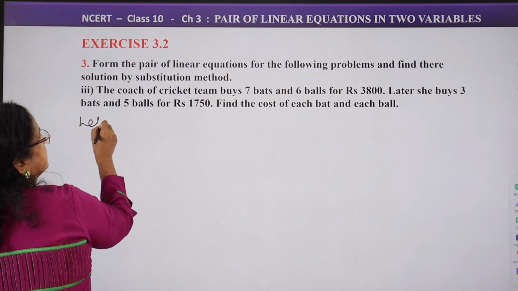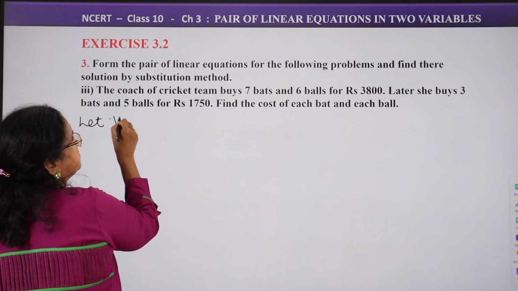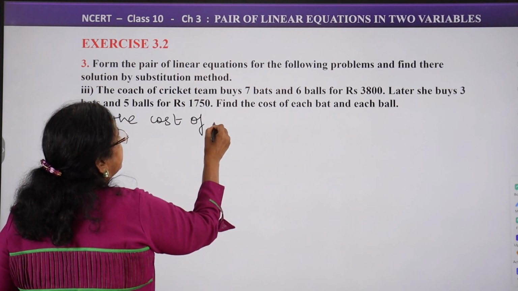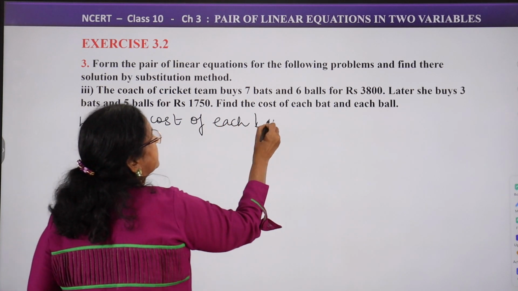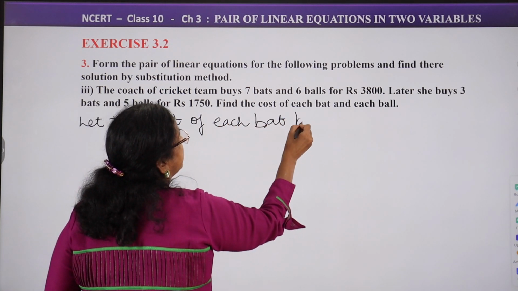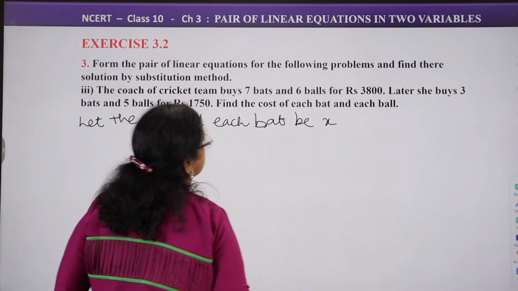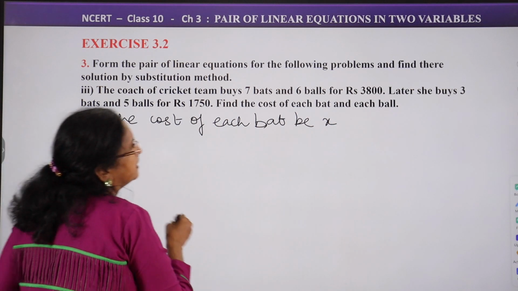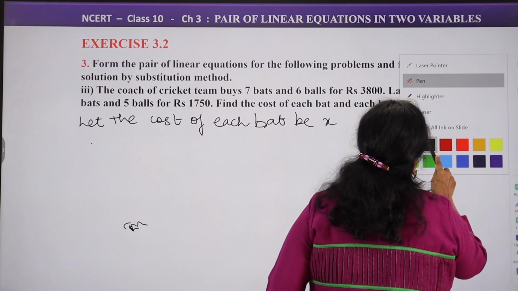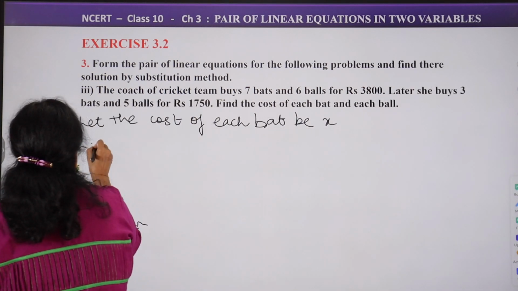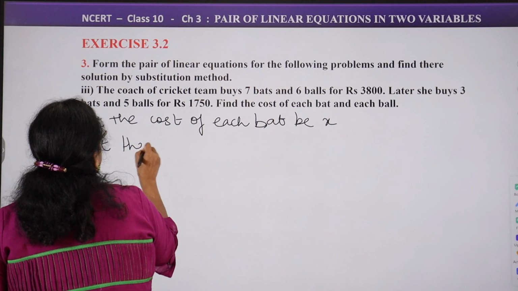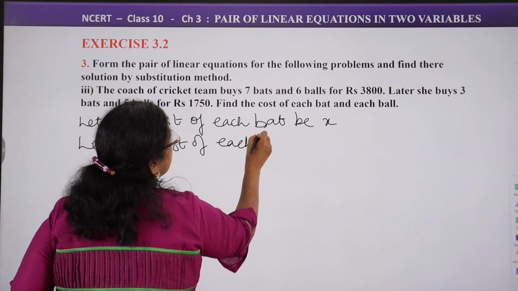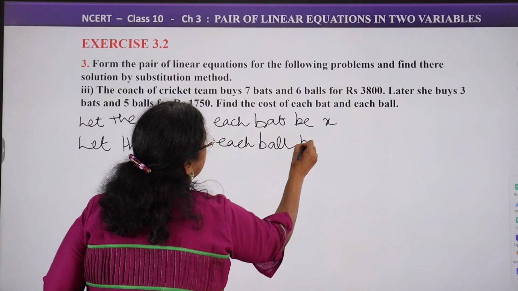Let the cost of each bat be x. Let the cost of each ball be y.